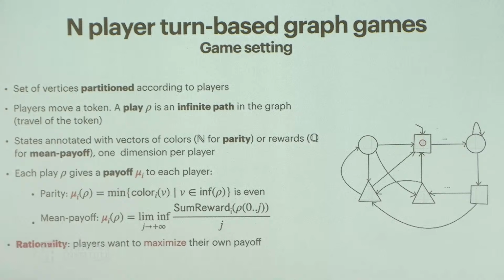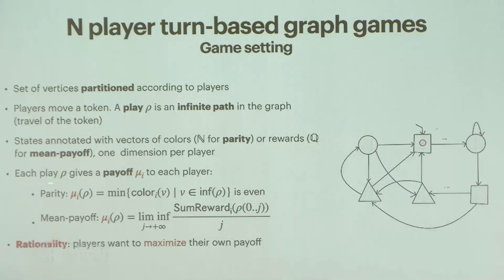I will also consider games where the states are annotated with a vector of colors, where each dimension of the vector is assigned to one player, and so it defines a winning objective for the player. I will also consider vectors of rewards that assign a payoff to the players. Okay, so one dimension per player.